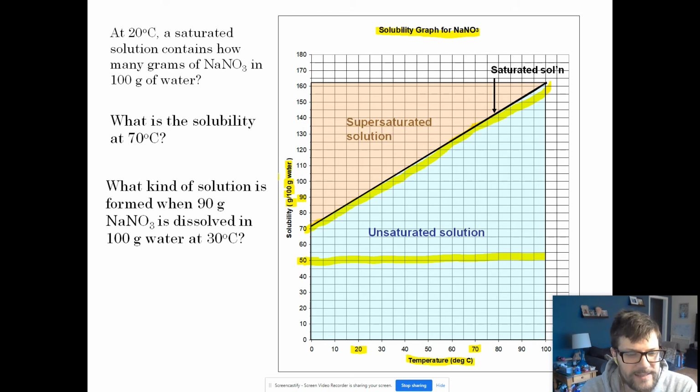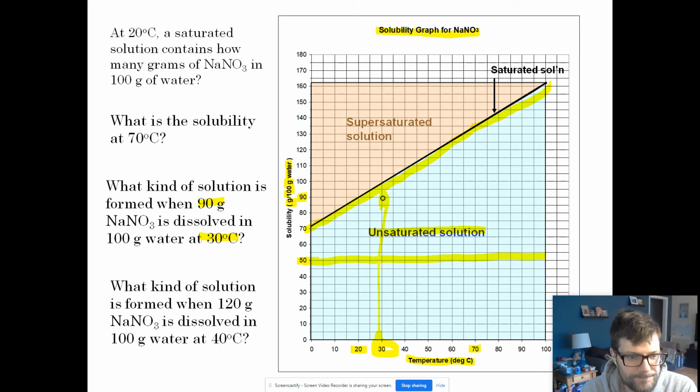Next up, we can ask questions like what kind of solution is formed when we use 90 grams at 30 degrees. So now I want to see just where does this fall on the chart. So here's my 90 grams, here's my 30 degrees, and that's the dot, I should say, the data point. That data point falls in the unsaturated area of our graph.